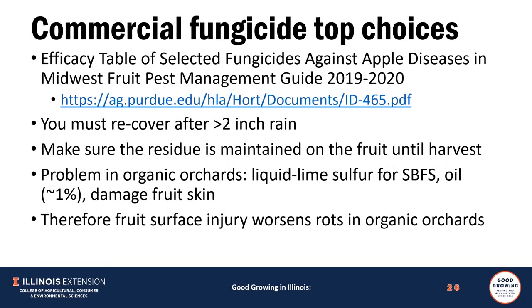You have to make sure that the residue is maintained until harvest, and so your later harvest varieties may be a concern. And if you're an organic orchard, some of the chemicals might damage the skin, like your lime sulfur, and so that could worsen some of the rots.